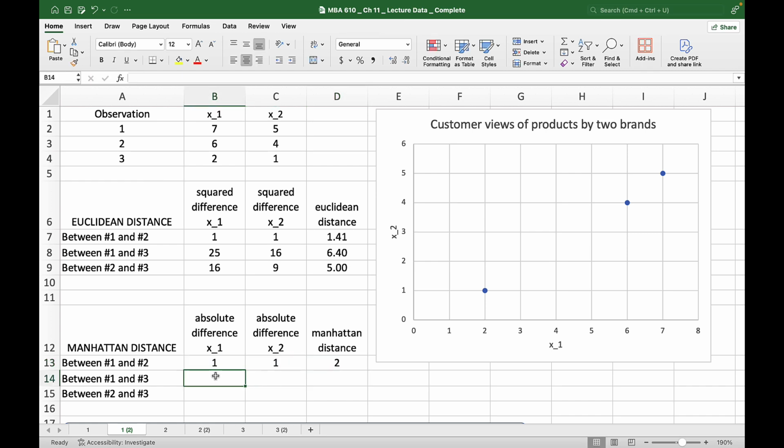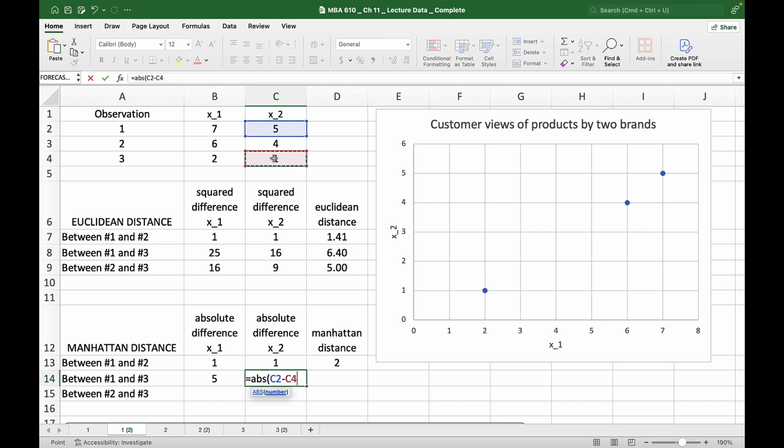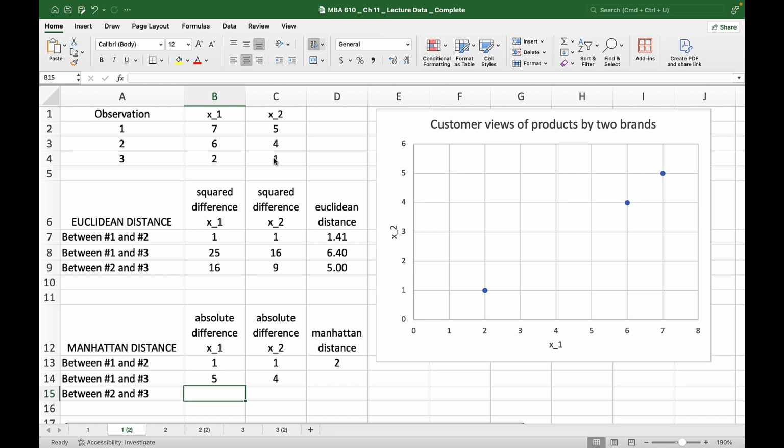With regard to the difference between customers 1 and 3, person 1 viewed 7 Patagonia products, person 3 viewed 2. So we've got an absolute distance of 5. And with regard to North Face products, person 1 viewed 5, person 3 viewed 1. So we've got a distance of 4 units.